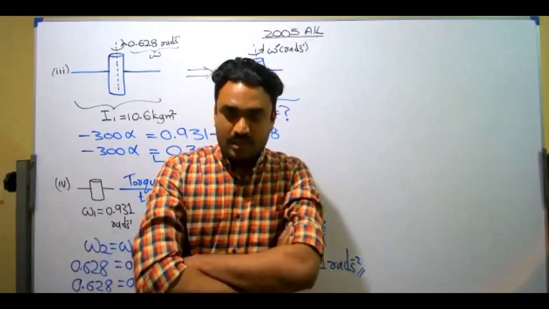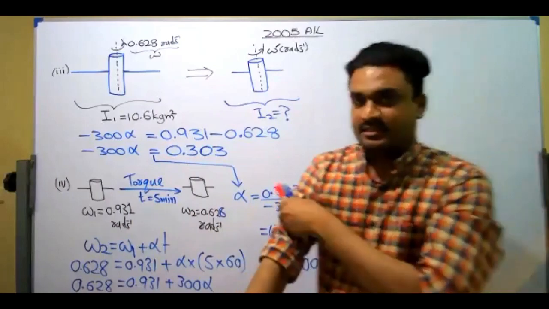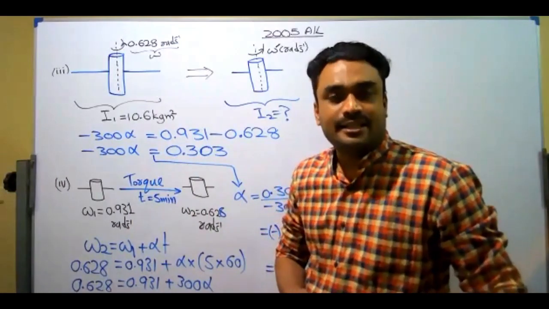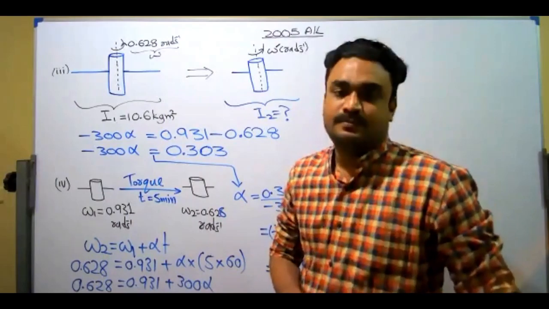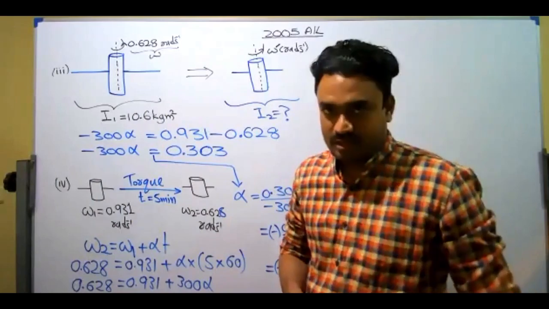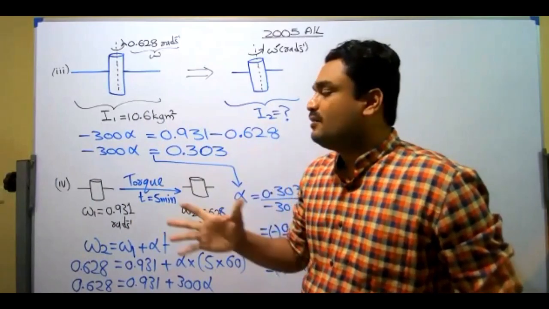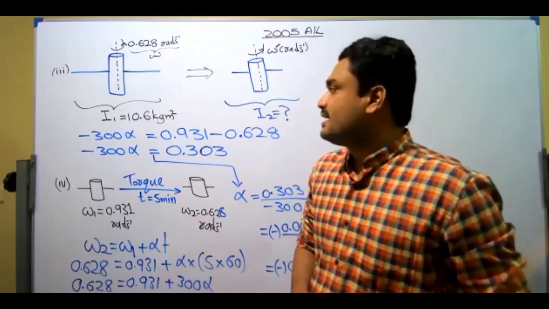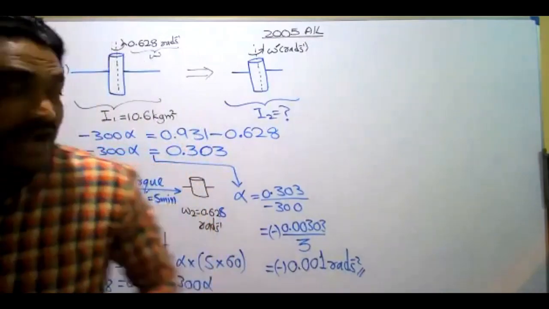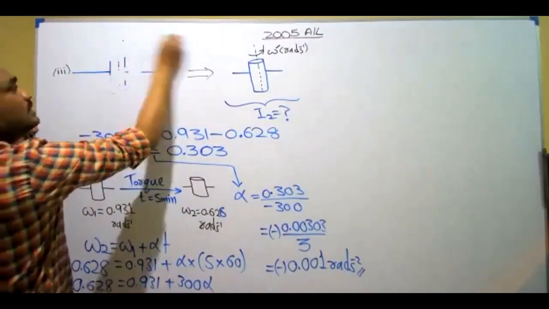Full stop. The minus sign of alpha indicates that the object has an angular deceleration.